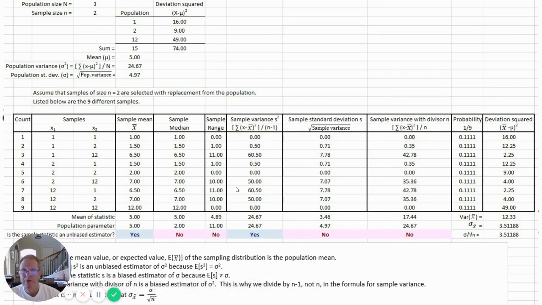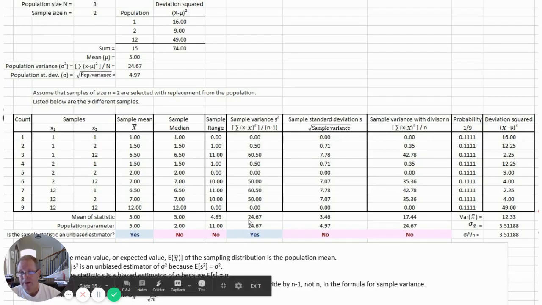So now I'm going to move over to this column on sample variance. Again, for each of my 9 samples, I calculated the sample variance using this formula with the n-1 in the denominator. And then I calculated the average of all of my sample variances.